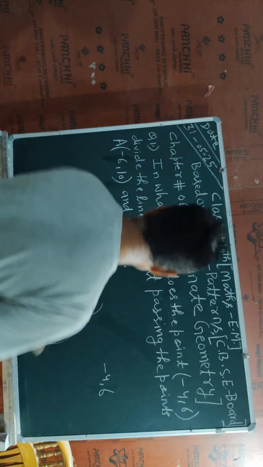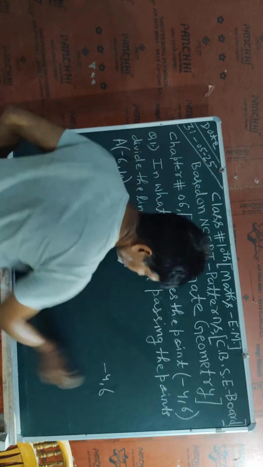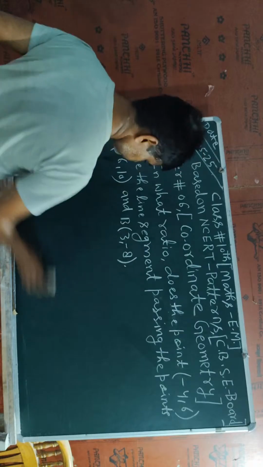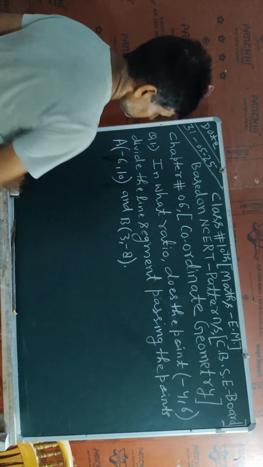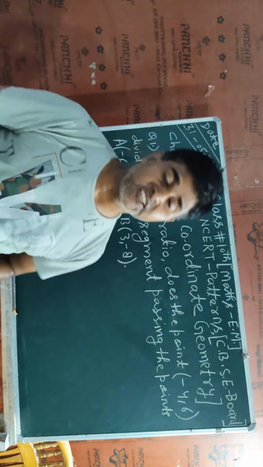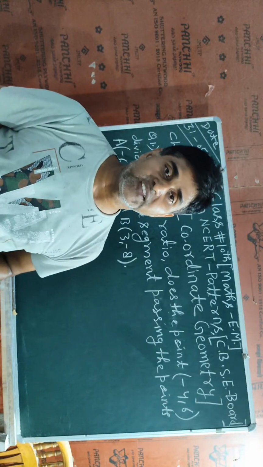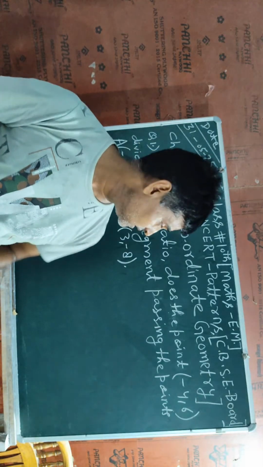Okay, now I am going to clean the board. After cleaning, I will simplify it in detail. Here in coordinate geometry, I do the section formula in a very easy way.